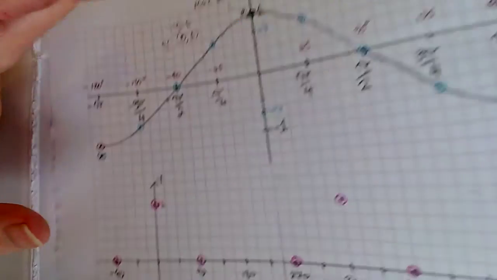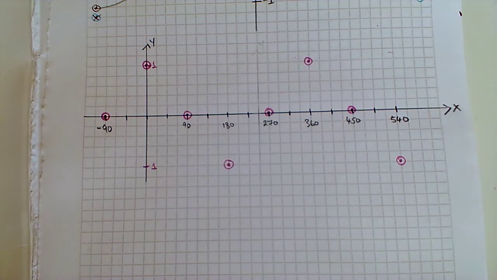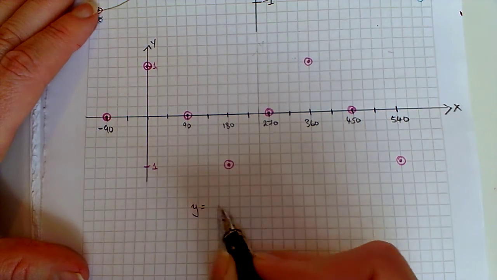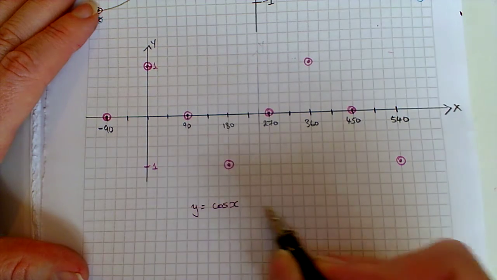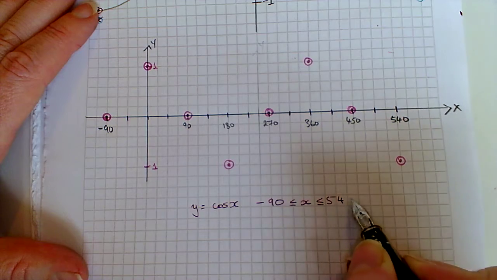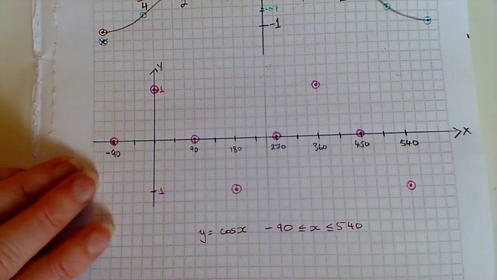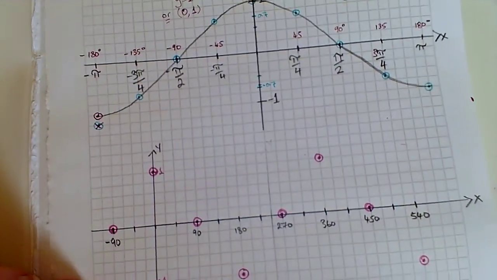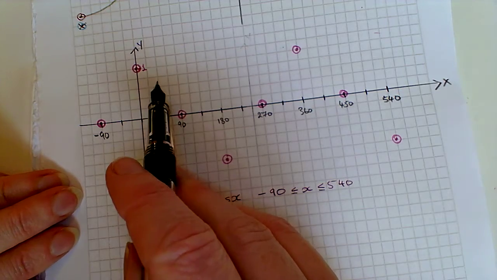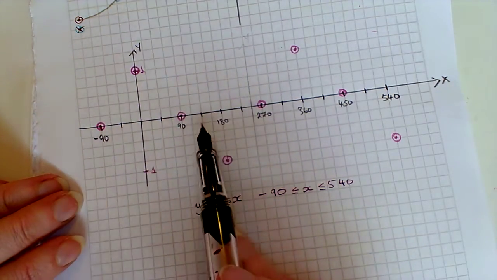Now, the second question I asked you to do was to plot y equals cos x in the domain minus 90 to 540. Once we get the idea of the basic shape, you don't have to plot so many points. So I could go in 45-degree increments and have my 0.7s and my minus 0.7s filled in as well, or I can just go in 90-degree increments.